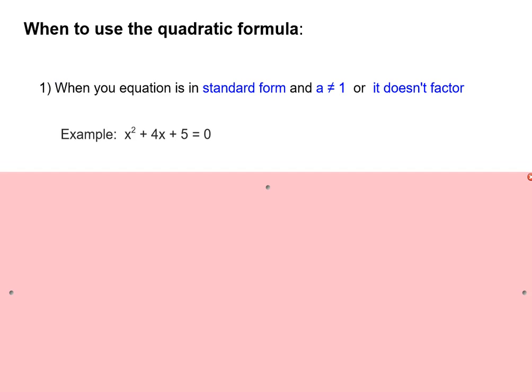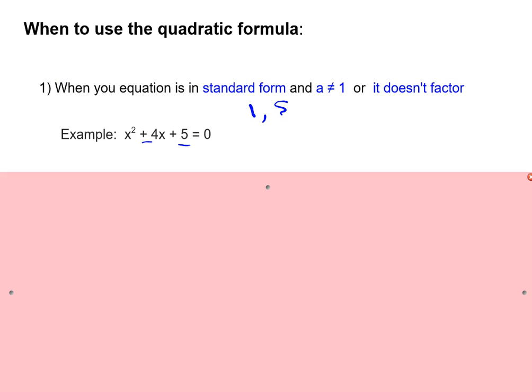So here's an example. We have x squared plus 4x plus 5. It is in standard form, and a is 1. So if a is 1, I would start by trying to factor it. But the only things that multiply to give me 5 are 1 and 5. They do not add to give me 4.